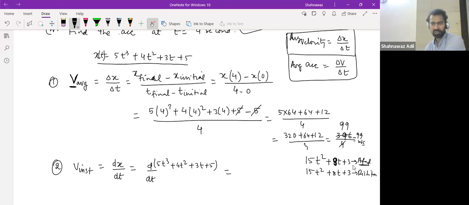So majority is with this answer, right? You guys also calculate or at least try. Whatever answer you are getting, don't bother about whether it is wrong or right. In this class, no one is going to judge.